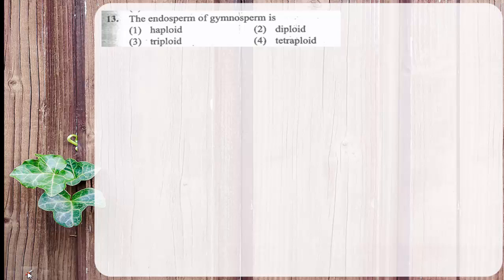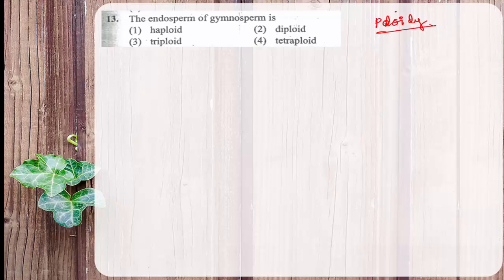This is called ploidy. What is the meaning of ploidy? Here I am using one term to elaborate the terms like haploid, diploid, triploid and tetraploid. The term I am using is ploidy.